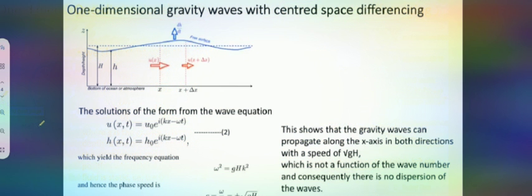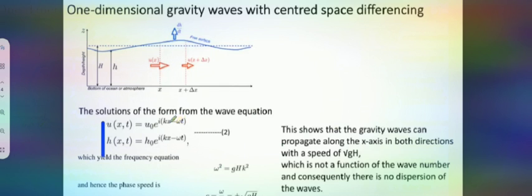So the solution, you also studied in shallow water. This is the wave equation. You can reduce these 2 equations to a single equation, and if you fit, you will get the solution in this form. That is already taught there. Here k is the wave number, and omega is the wave frequency.